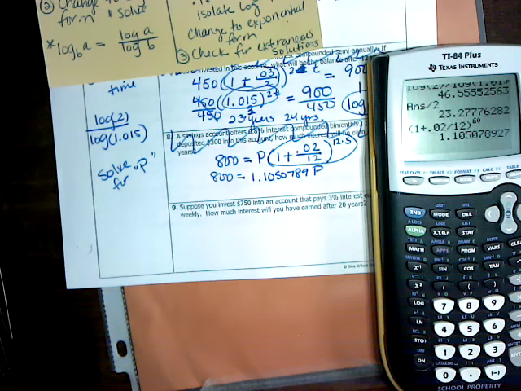Now, if I ask you to round to the nearest penny, you can't round up to 1.1. You're going to be off a lot. You could be off 30 cents, 40 cents. I know that may not seem like a lot, but when you're looking for as close to an exact value as possible, that's a big difference. So then you would divide both sides by that number.